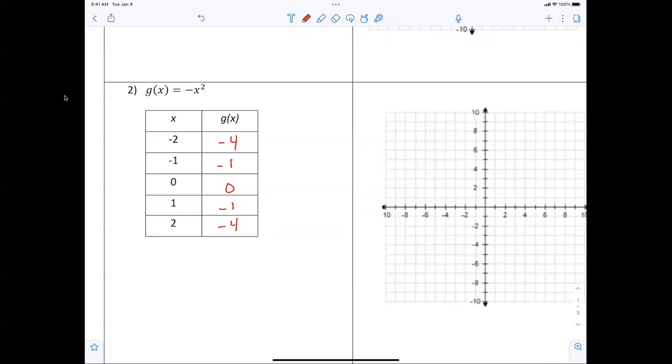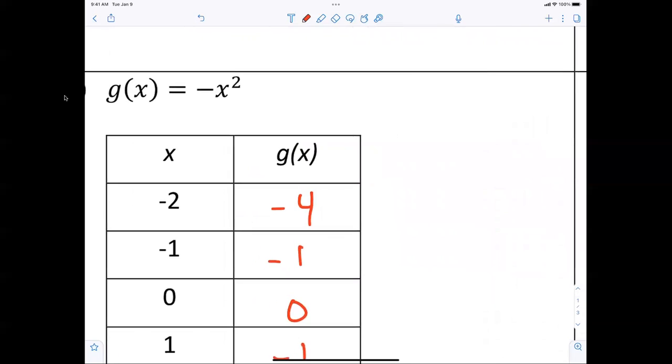So all this does right here, I want everybody to put this right next to it. We say in the math world, this reflects over the x-axis. So whenever you put a negative in front of the function, it reflects it over the x-axis.